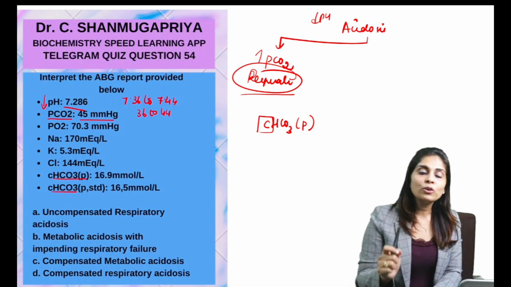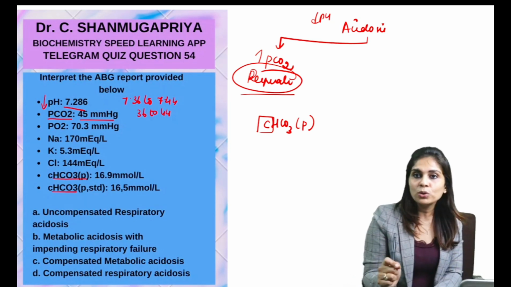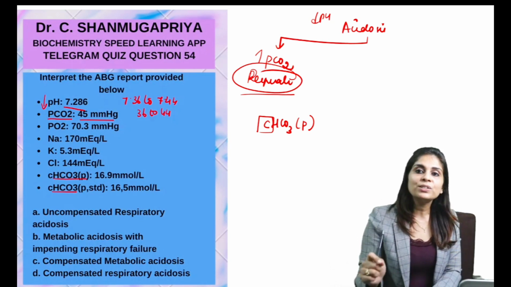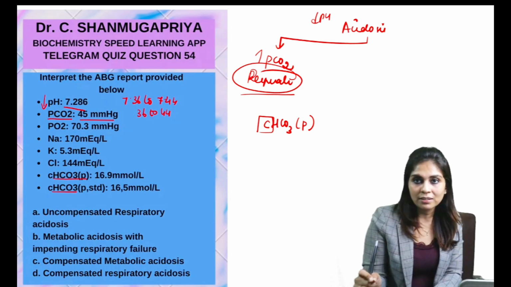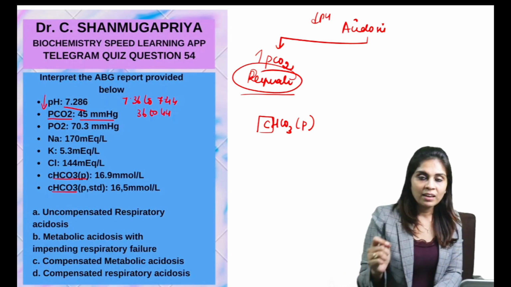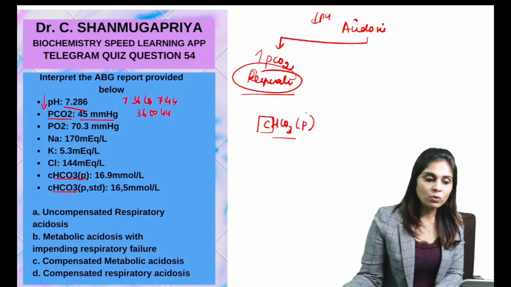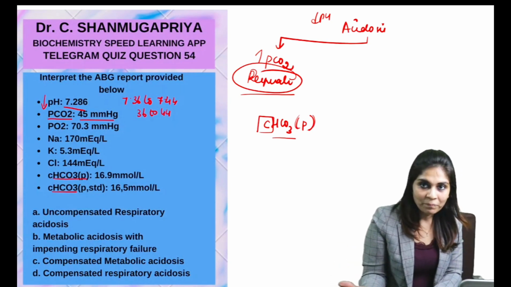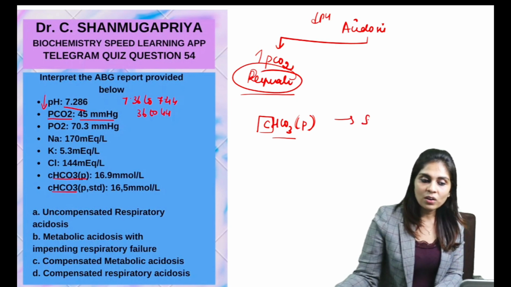So any value for bicarbonate that you find in an ABG report is a calculated value, which is calculated based on the pH and PCO2 using the Henderson-Hasselbalch equation. That is why the prefix c. And then the symbol bicarbonate we know, and within brackets P stands for the fact that it's a plasma bicarbonate. And this is called actual bicarbonate.